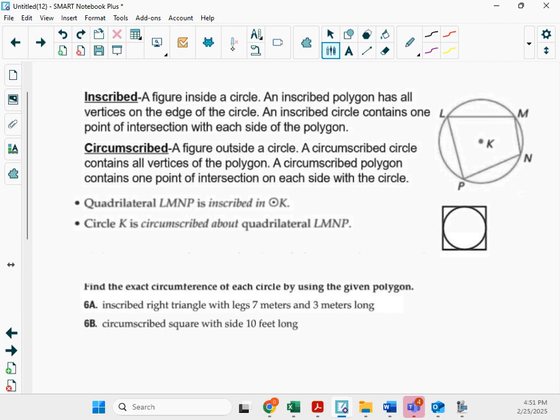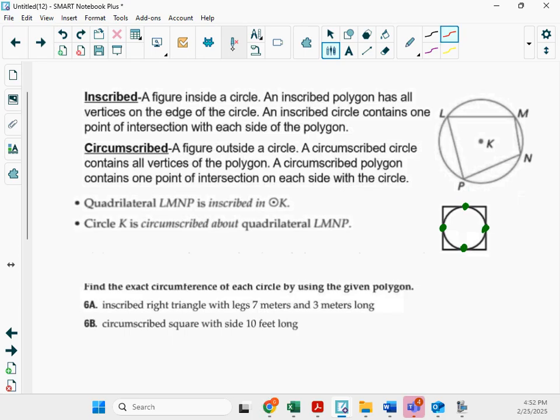Now, a circumscribed figure, that is a polygon on the outside, so all straight edges on the outside, but the circle is exactly big enough to hit all of the sides exactly once.